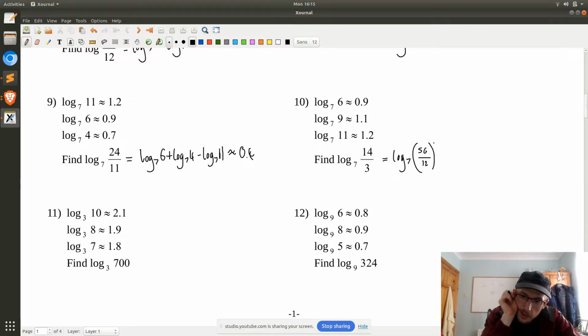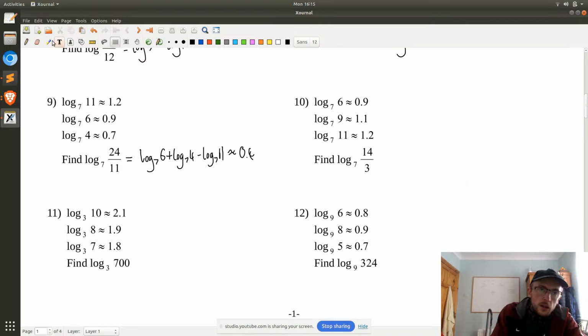Why am I stuck? Wait, let me think. Okay, I've got it.